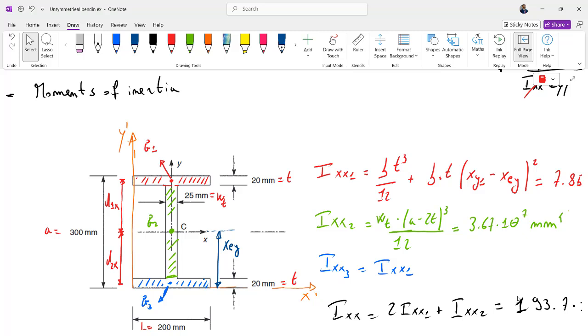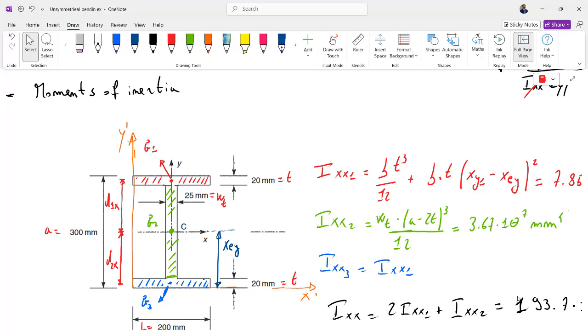You can go to see that video, and you can see how to derive the G1, G2 and G3 centroids and the areas of these 3 rectangular shapes, that is the division that we made of the whole E-beam.